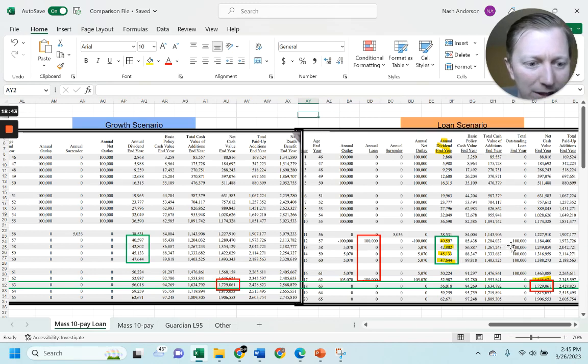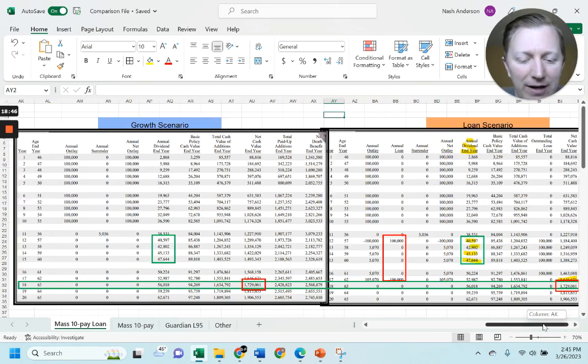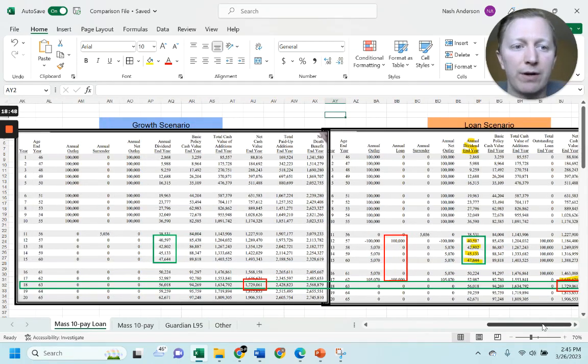So, really, really interesting and a great option to be aware of, especially if you're active and want to take policy loans and reinvest in something like cash flow and real estate, so you can grow your wealth in two places at once.